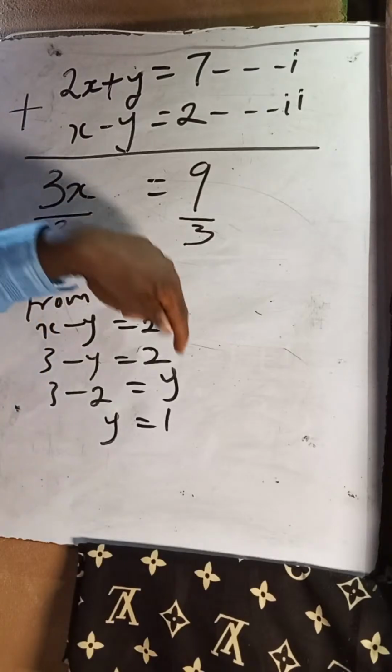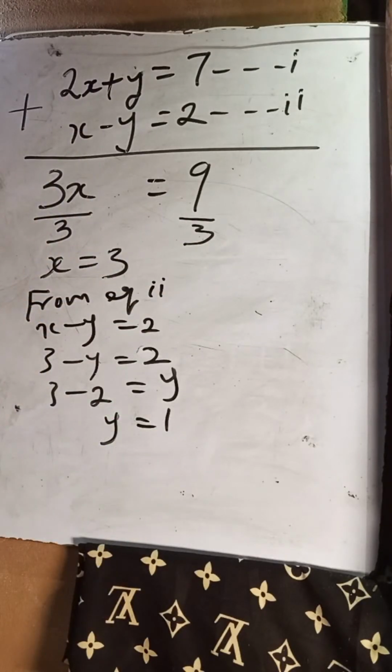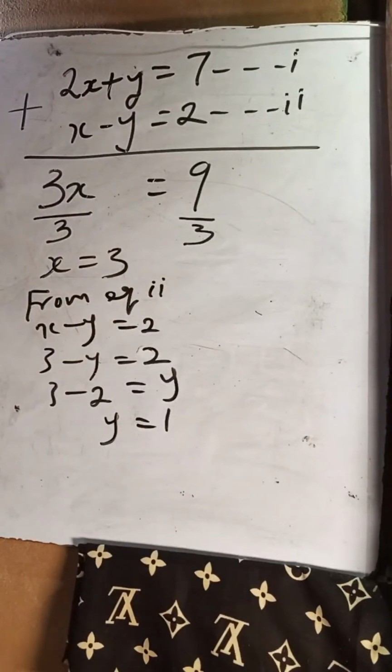Then bring minus y to the other side, which is y. Then 3 minus 2 is 1. So which means our x is 3, our y is 1. That is simultaneous equation. I do hope that is very clear. It can come in different forms, but whichever way it comes, it is the same principle.